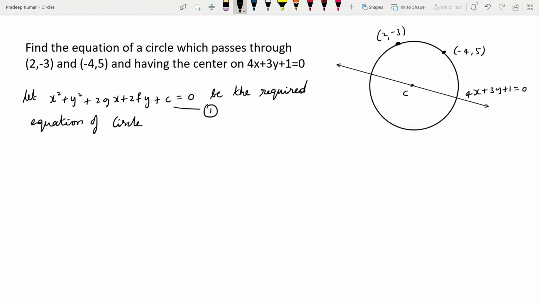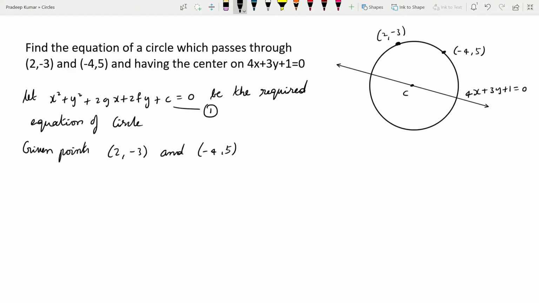So now what are the given points? We'll write the given points. One is (2, -3). Another point is (-4, 5). These are the 2 points which are on the circle.